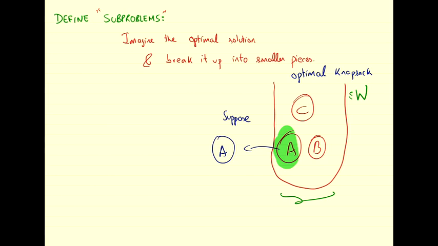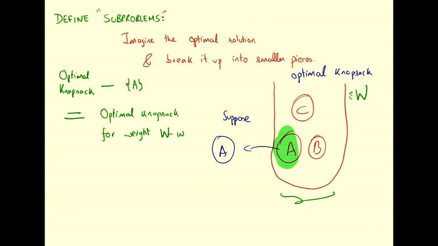meaning the subproblem, like at first it seems like, so the knapsack, if the optimal knapsack minus the item A, right, this looks like the optimal knapsack for weight W minus W weight of A. Right.